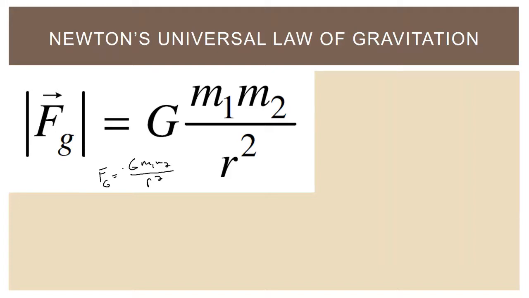Notice here, they have the force of gravity in absolute value brackets. The only reason they do that is because the force of gravity is subject to all of Newton's laws, and so there's always an action-reaction thing happening here. To some degree, there really is no such thing as a gravitational force. There are always two gravitational forces.